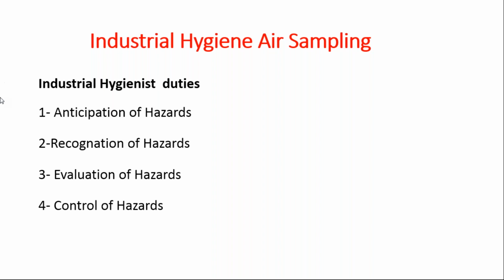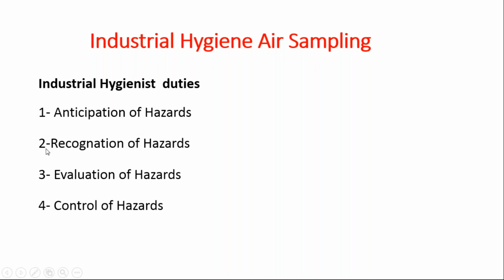First one, anticipation of the hazards. For example, he can anticipate the hazard from what type of facility he is going to visit, what type of operation will be there, and what types of hazardous material will be there, and he can anticipate the hazard that he is going to meet and control.